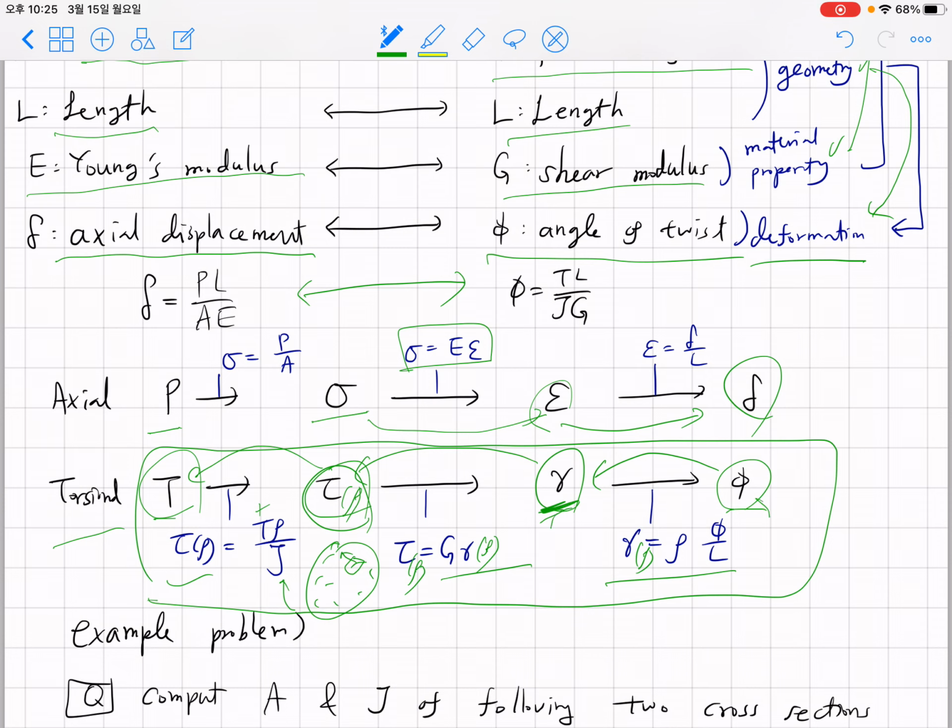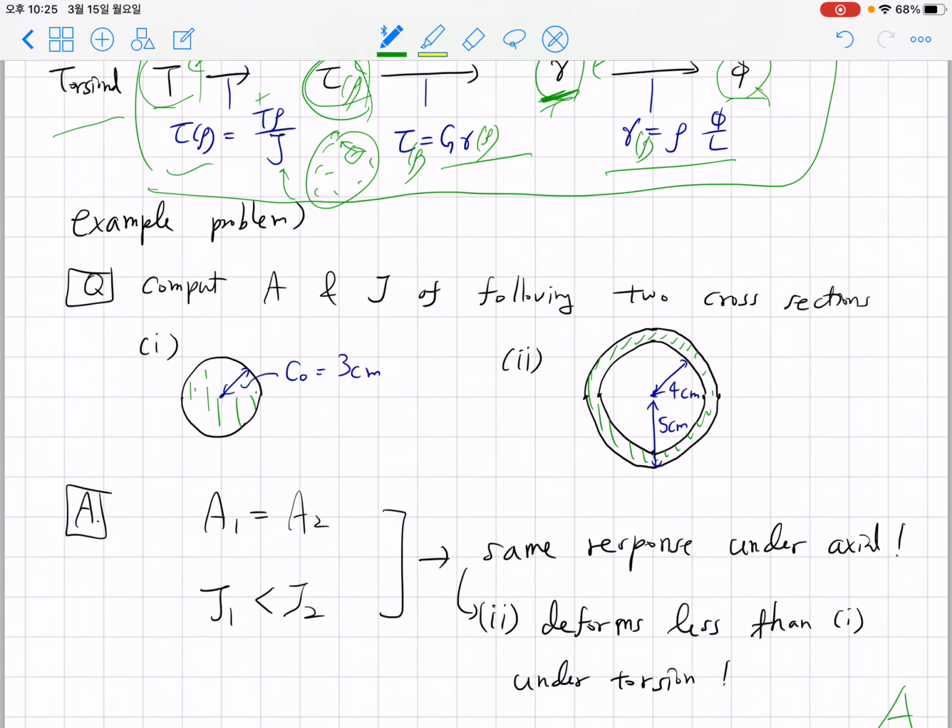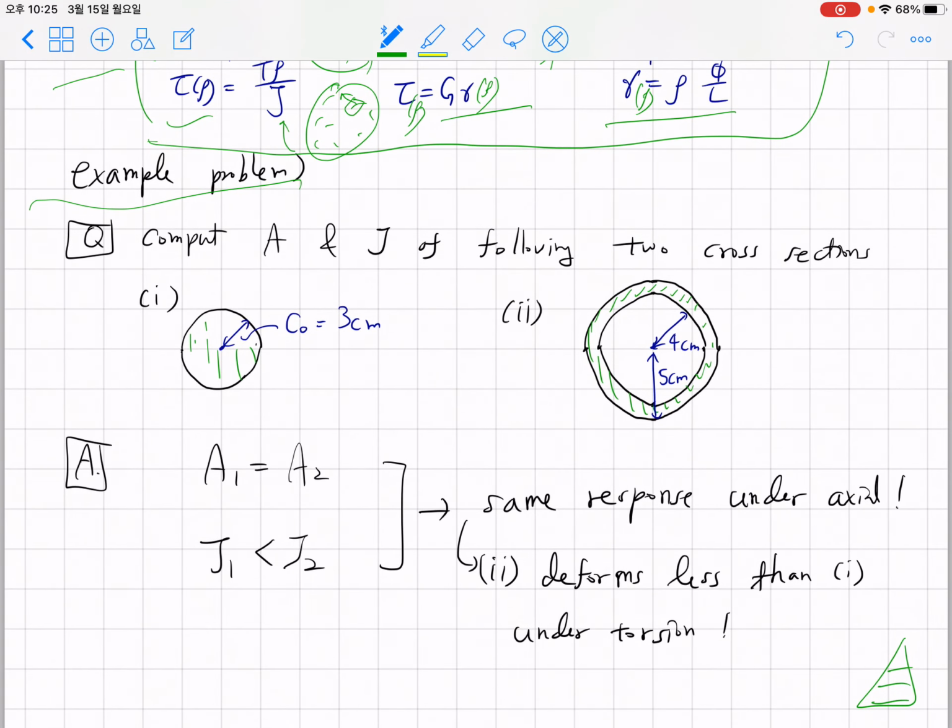So this is the summary of the first topic of today's lecture, and let's solve just one example problem. The problem asks to compute the area and polar moment of inertia of the following two cross sections.